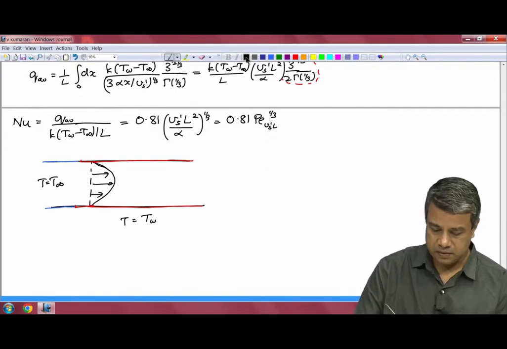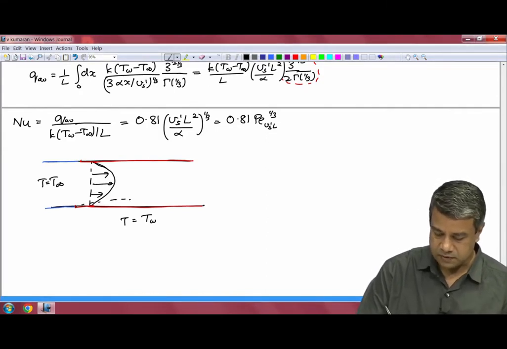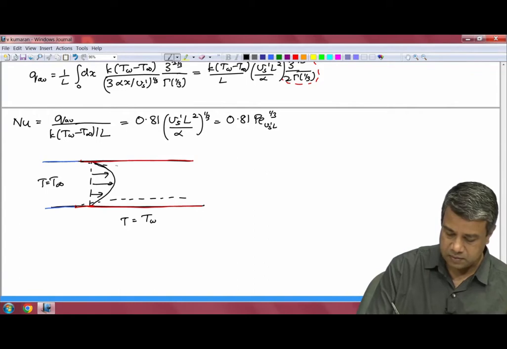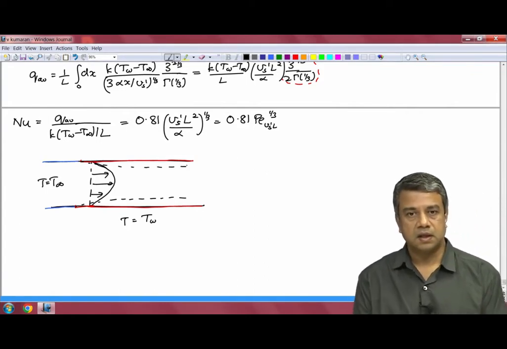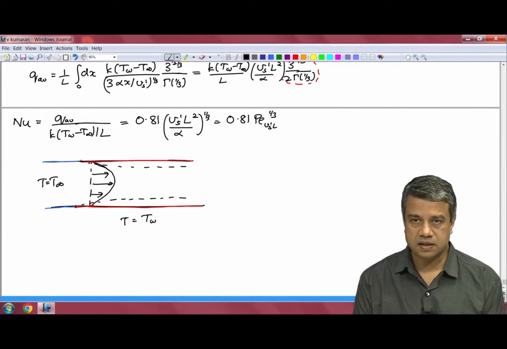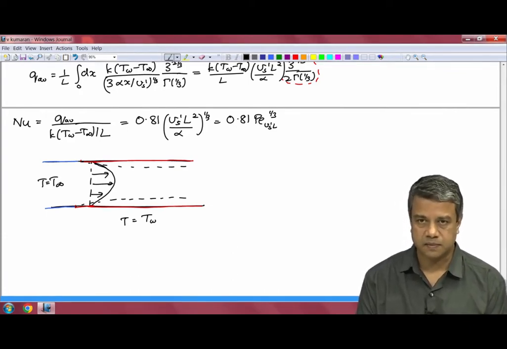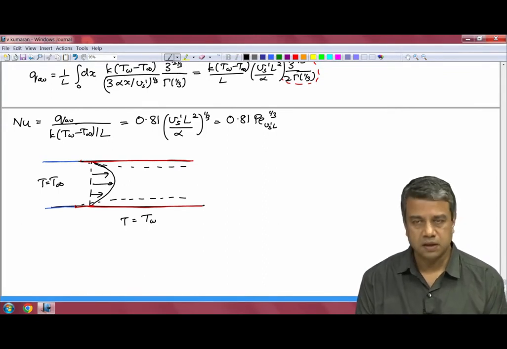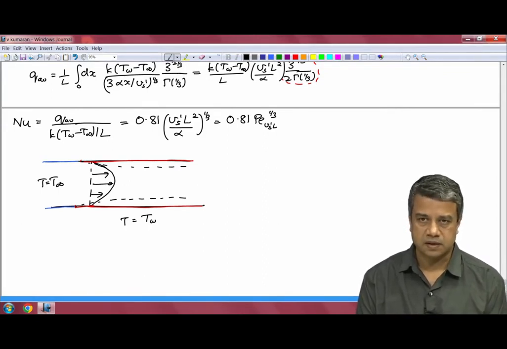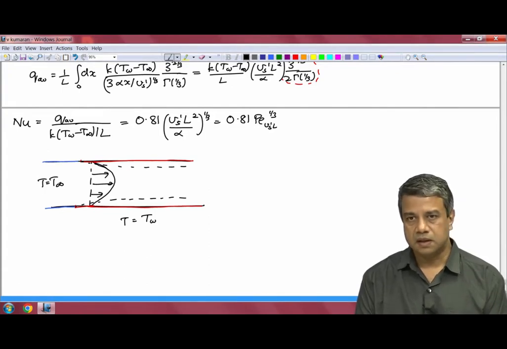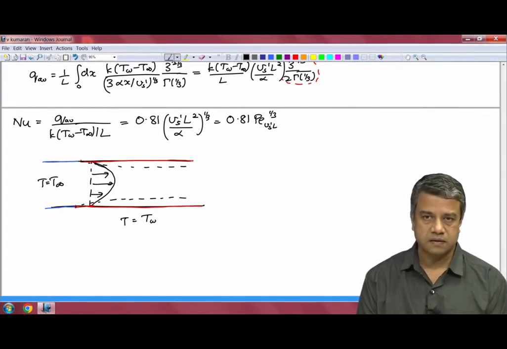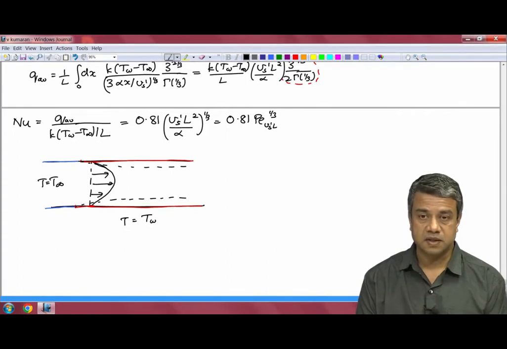In this case as well, you would expect the diffusion from the surface to be confined to a thin boundary layer near the surface, and the boundary layer analysis can be used only when the boundary layer thickness is much smaller than the radius of the pipe. If the boundary layer thickness is much smaller than the radius of the pipe, you can consider this to be the same as the flow past a flat plate, because the radius of curvature is much larger than the thickness of the boundary layer close to the surface.